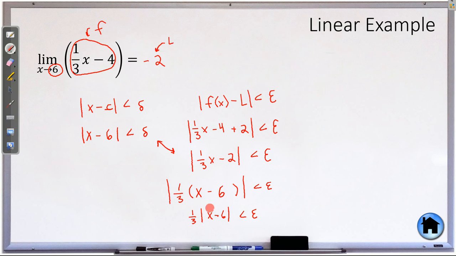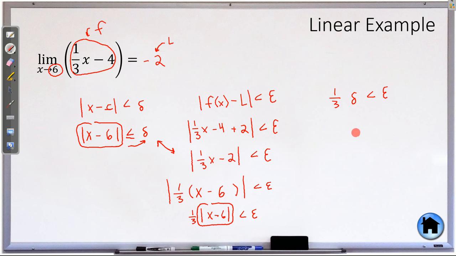Now, what we can recognize right here is the same as over here. So what we're going to do, yes, I know there isn't an equal sign here right now, but think of this as the same thing as delta. So I'm going to replace this with the delta. So we're going to get 1/3 delta is less than epsilon.